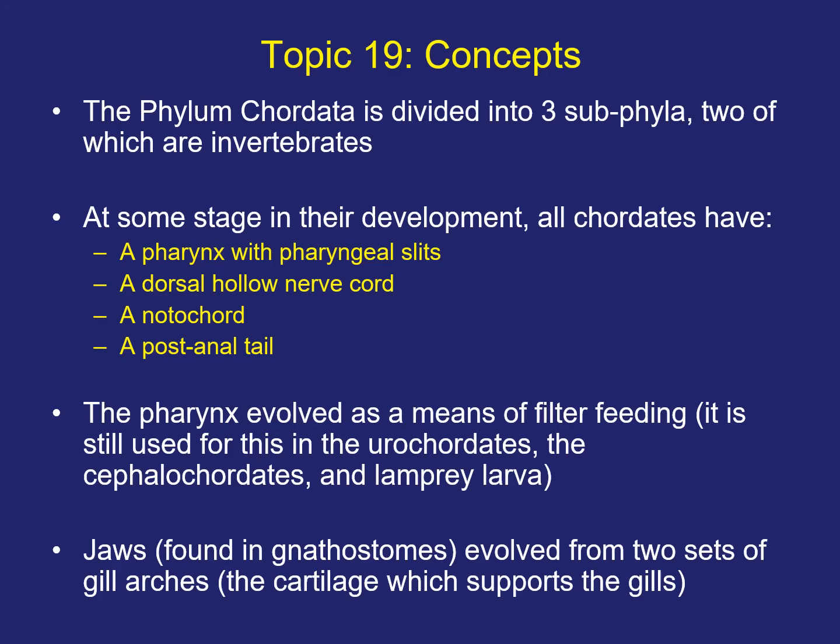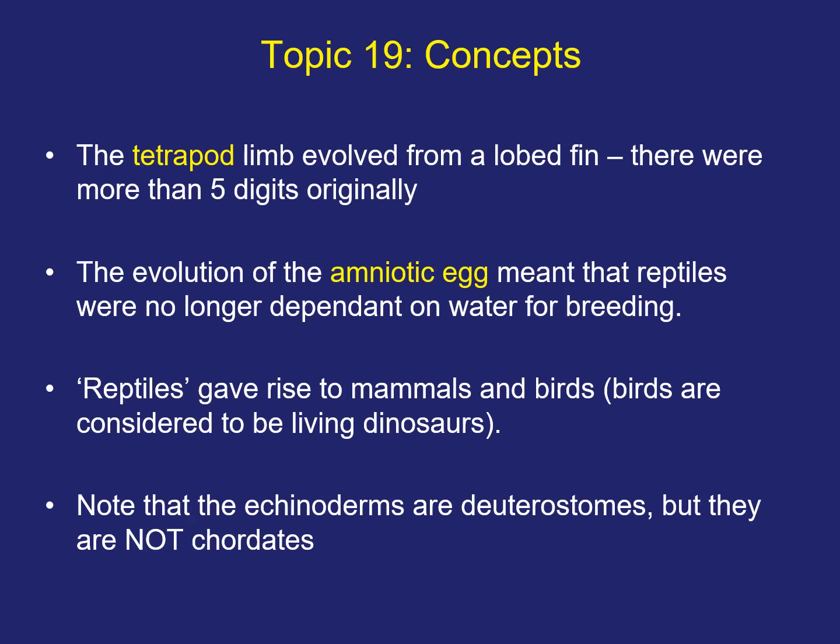We have jaws that popped up in the gnathostomes. The tetrapod limb evolved from a lobed fin, so we had lobe-finned fishes like the coelacanths. Originally we had more than 5 digits, but the particular ancestor that won out and proved to be very successful had 5 digits. So all tetrapods that we see today have 5 digits, or they have something that very obviously evolved from that.